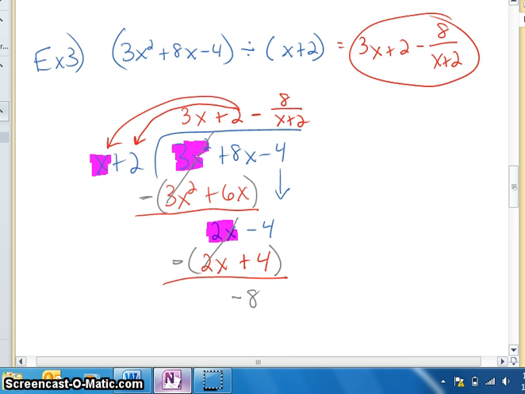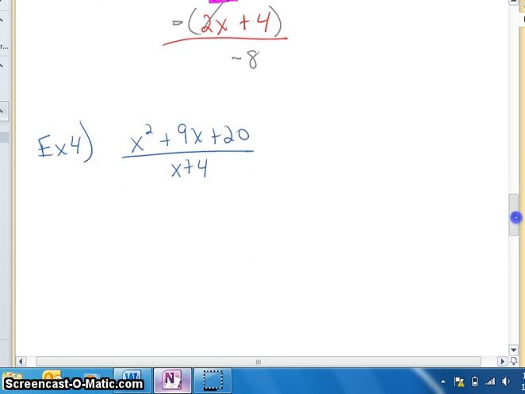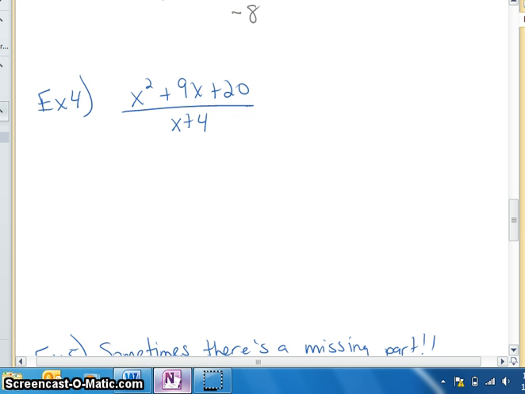Easy, right? Okay, let's try this one. x squared plus 9x plus 20 divided by x plus 4. So I'm looking for, what's this x in the first term here? x squared. So I need to multiply x by x to get x squared.